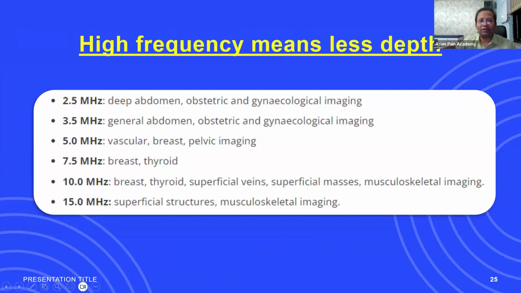So high frequency means less depth. For deep abdominal, obstetric, gynecological imaging, we usually use 2.5 to 3.5 megahertz nearly. But for superficial structures, we need to see by 15 megahertz.